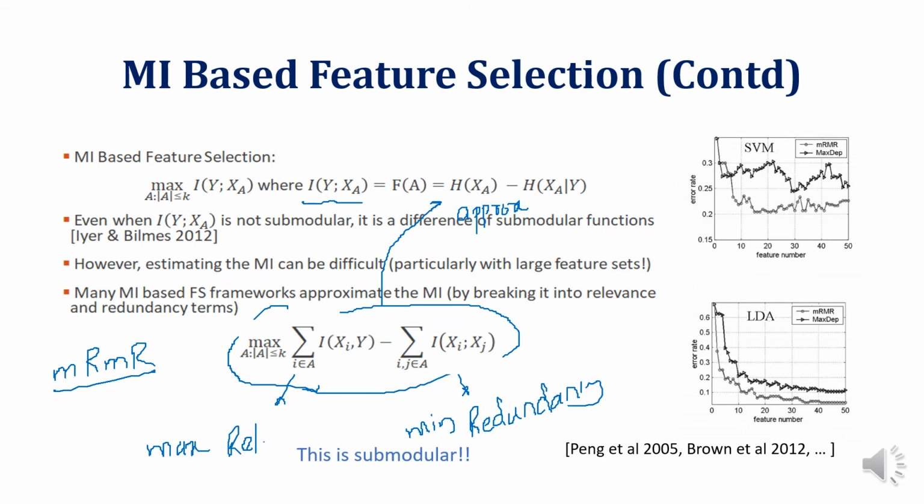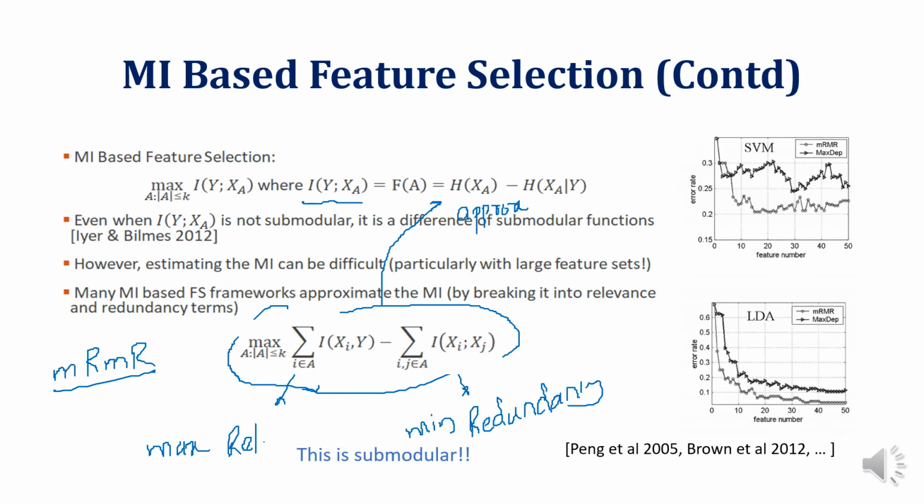Now often you don't have the naive Bayes assumption, but even when the I is not submodular, it is shown to be the difference of submodular functions. Even with this, estimating the MI can be difficult when we have very large feature sets. Let's say you need to explore and construct those features.